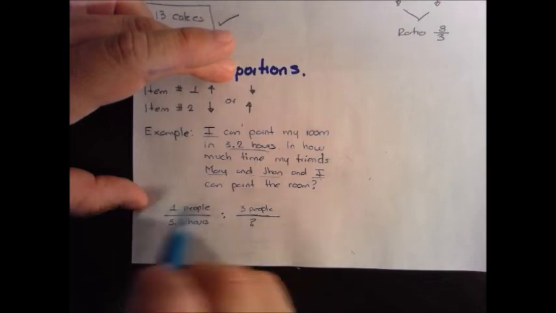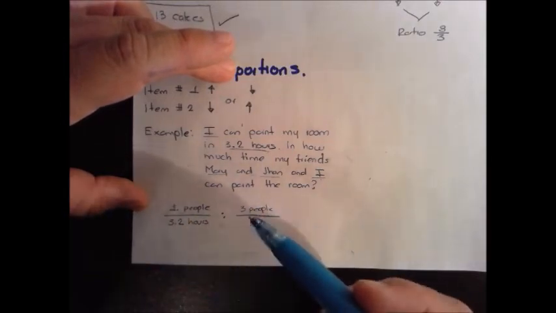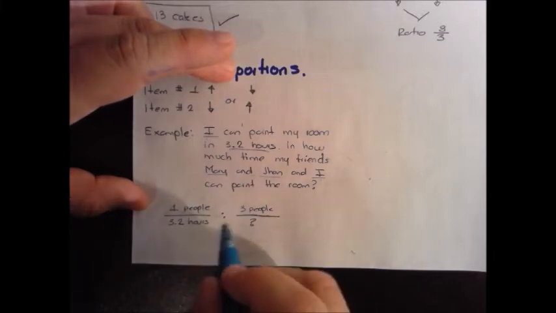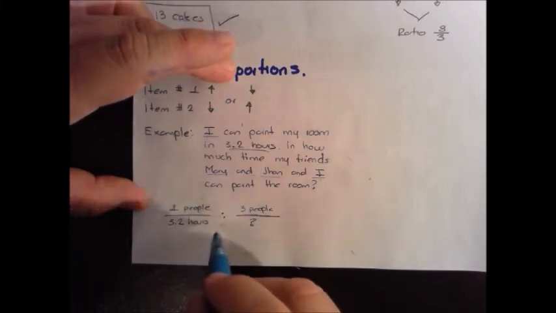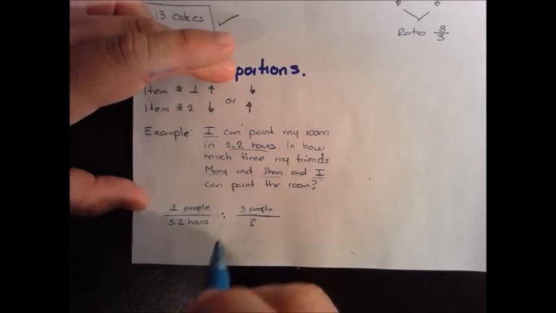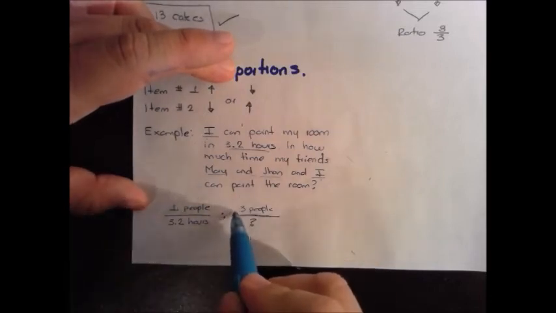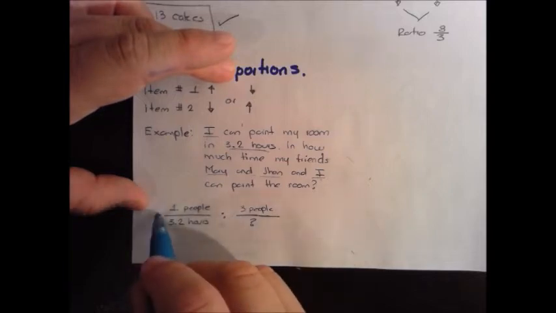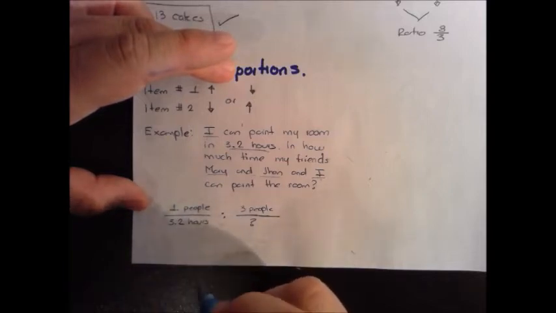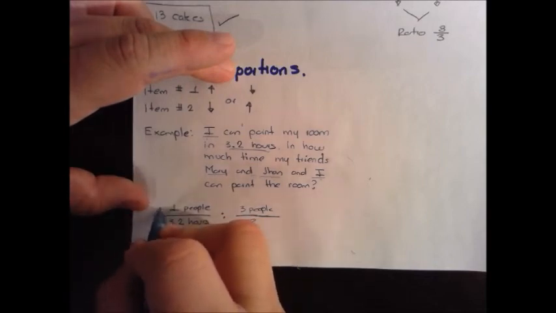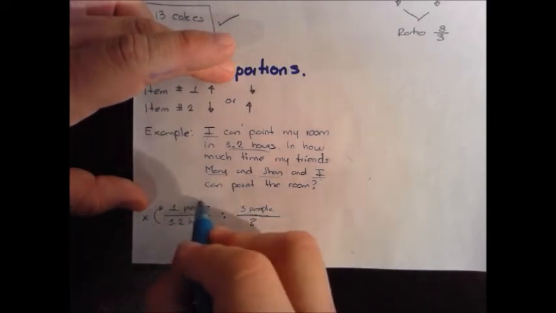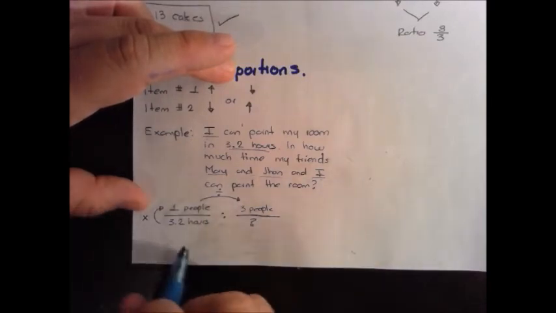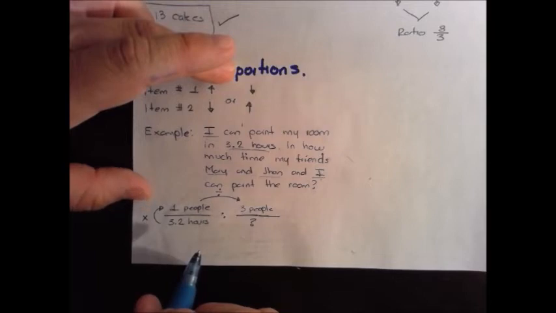As you can see, it's exactly the same as in the directly proportion, but what is going to be the difference? The operation that I'm going to do is not going to be the same. I'm not going to multiply this times this and then divide over this. Instead, I'm going to multiply this by this and then divide this over this. This is the difference from the other one.